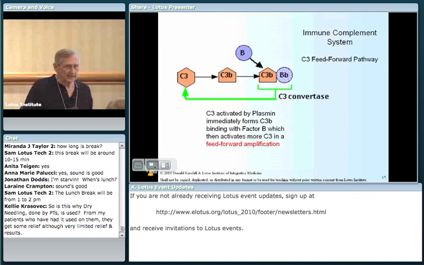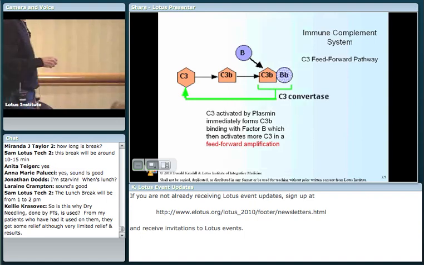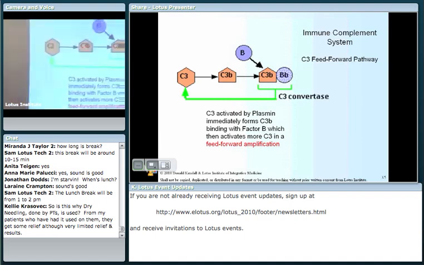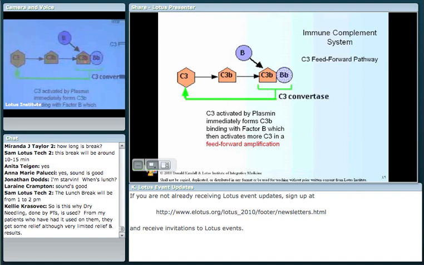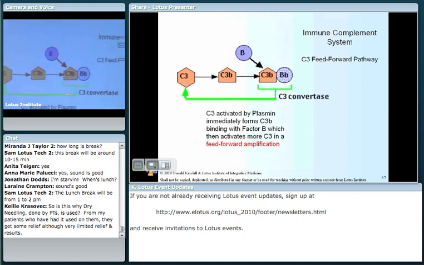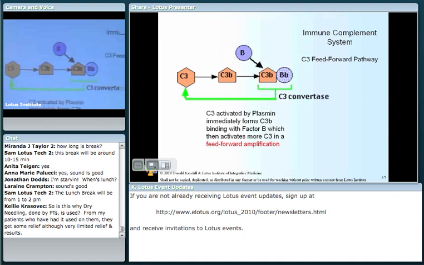Now here's a little diagram of this feed-forward loop, that once you produce C3, then it produces C3b with some other stuff, and then C3bBb with this factor, called C3 convertase, produces more C3.